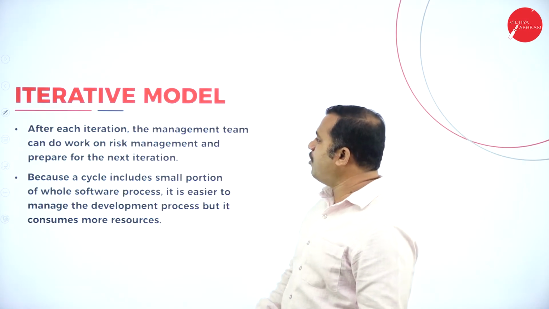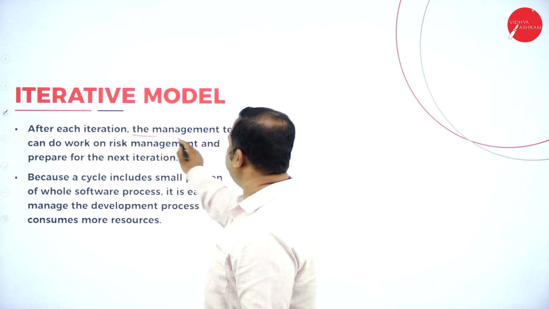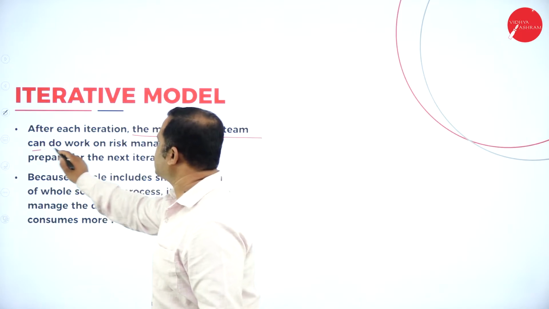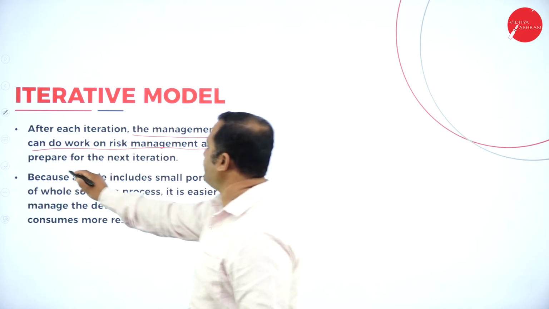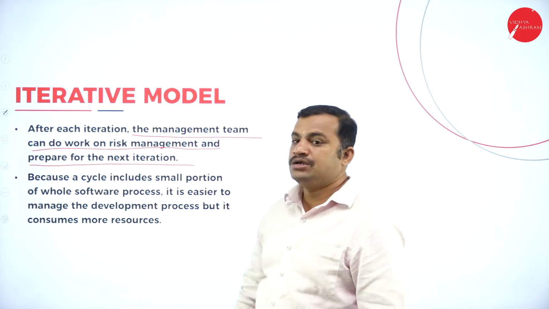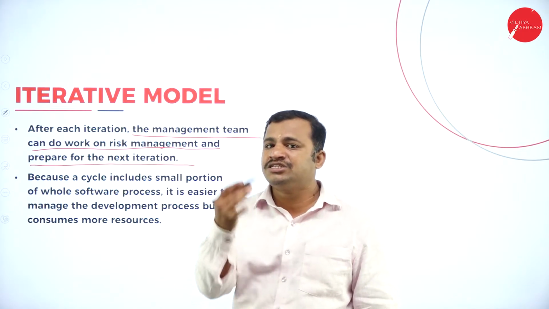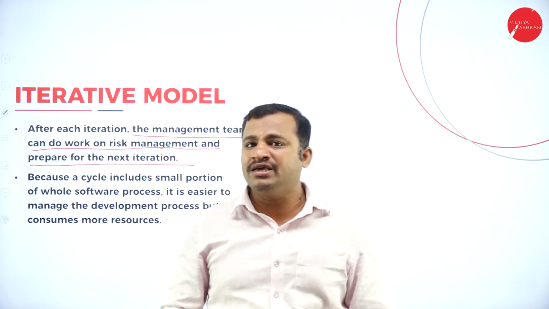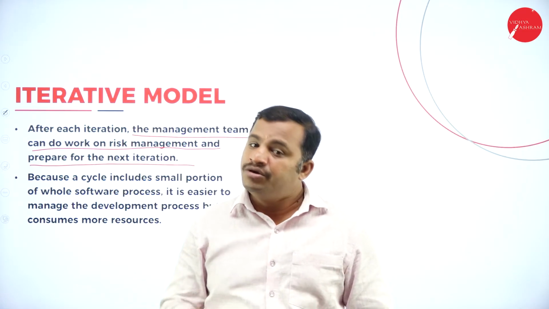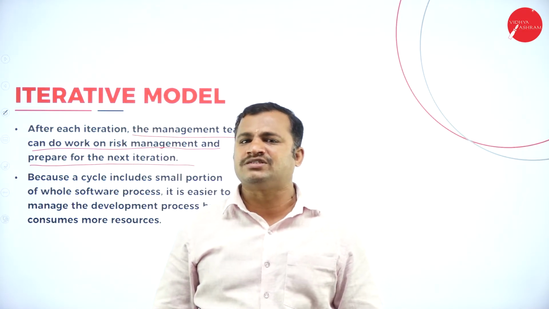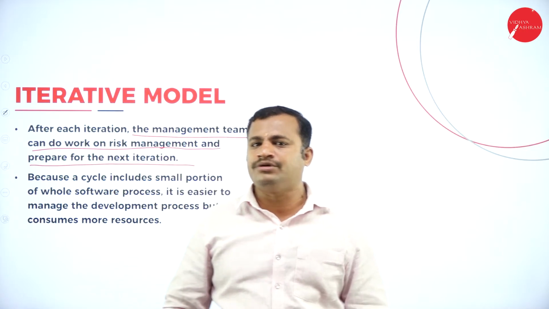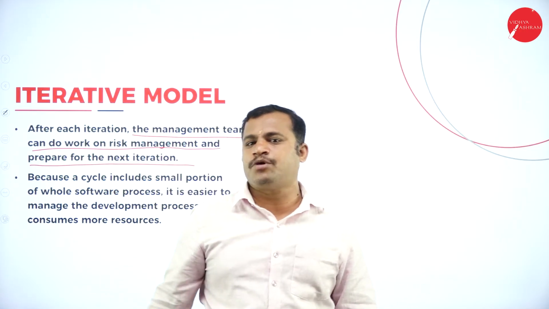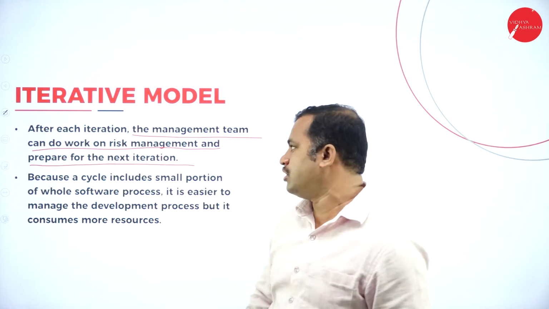Then the iterative model: the management team can take the risk management and prepare for the next iteration. So there is a possibility, there is a chance to do risk management. Suppose if there is anything missing in the present phase, we can incorporate it in the next phase. So there is no need to worry about it. So risk management is possible in case of the iterative model.